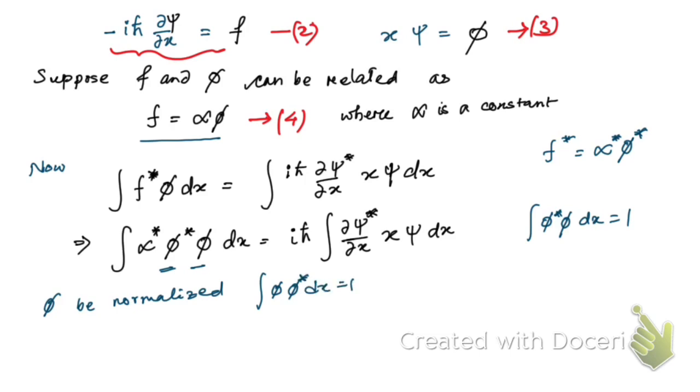So here alpha star is a constant, so it can be taken out, and the integration of this part is 1, so that is equal to i h bar times the integral of del psi star by del x dx.